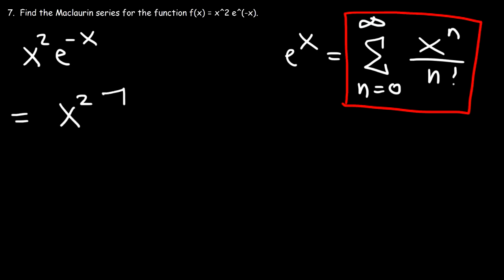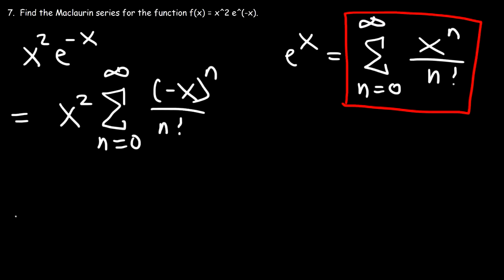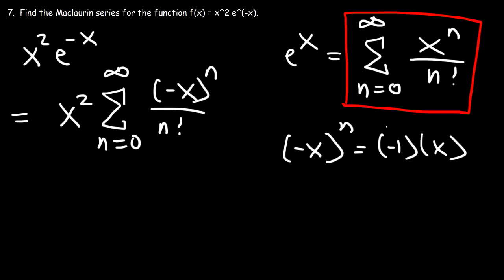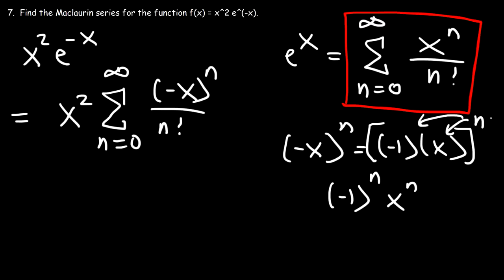Therefore, e to the negative x should be equal to the series of negative x to the n over n factorial. So all we need to do is replace x with negative x. Now what can we say about negative x to the n? Negative x can be written as negative 1 times x. And this is all affected by the exponent n. So let's distribute n. So this becomes negative 1 to the n times x to the n.